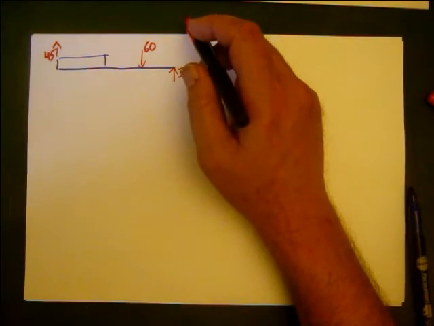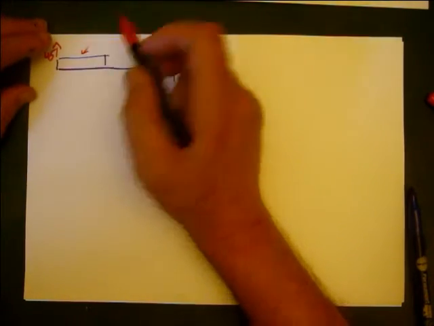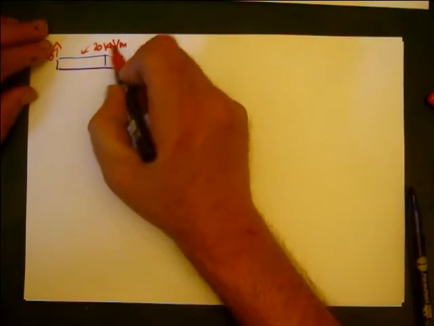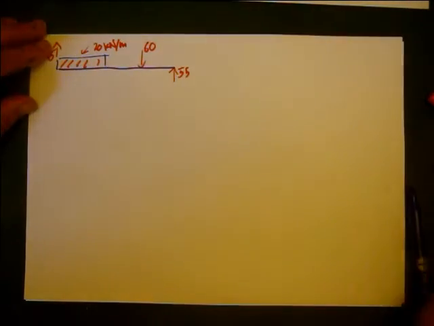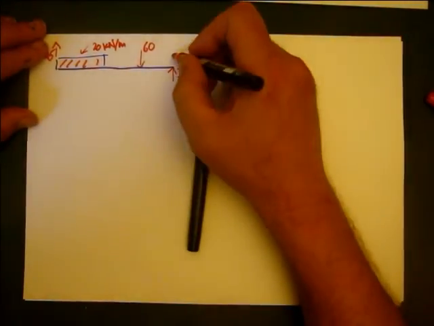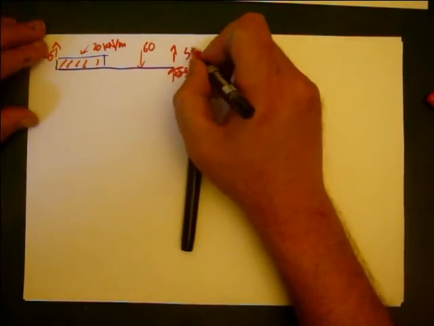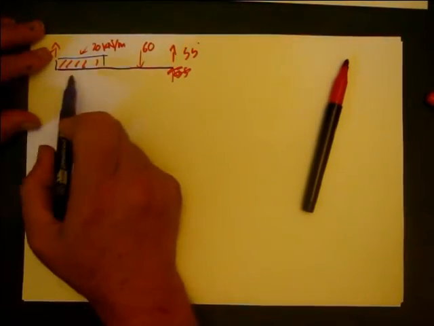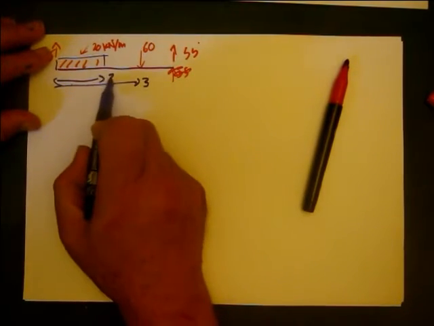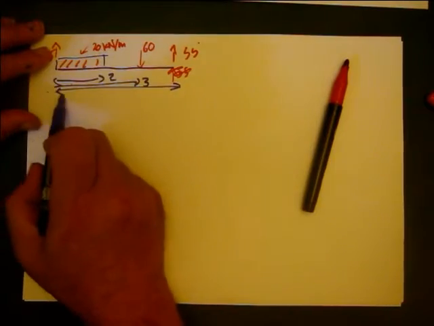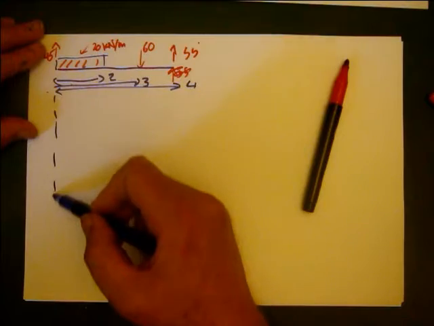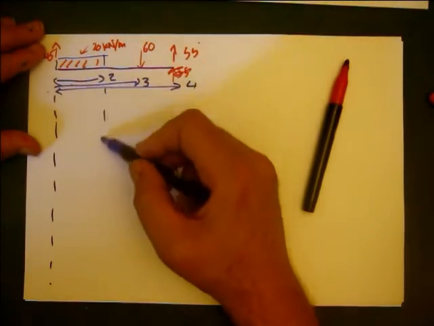And over here the UDL is down at 20 kilonewtons per meter. Sorry, I was meant to put that there, wasn't I? So this is going to be 2, 3, 4. Now we do our construction lines just to keep everything in one place.